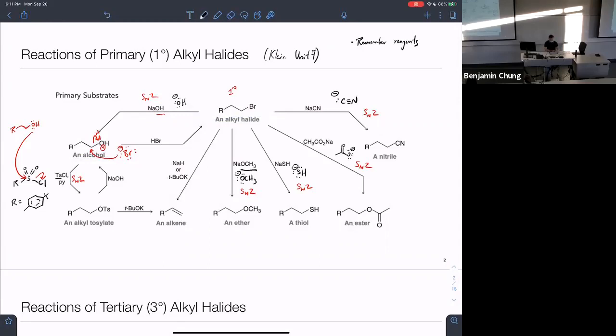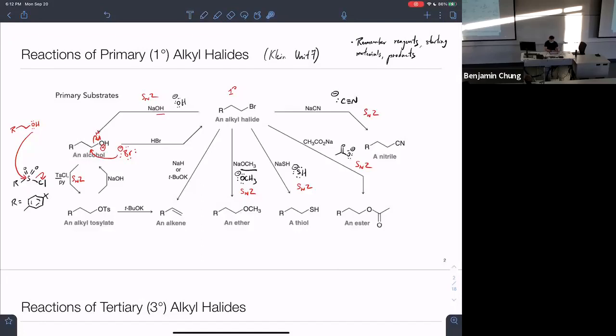So remember the reagents, the starting materials, and the product. You don't need to know the mechanisms for this because you should already know the mechanisms. But if you don't, review it.